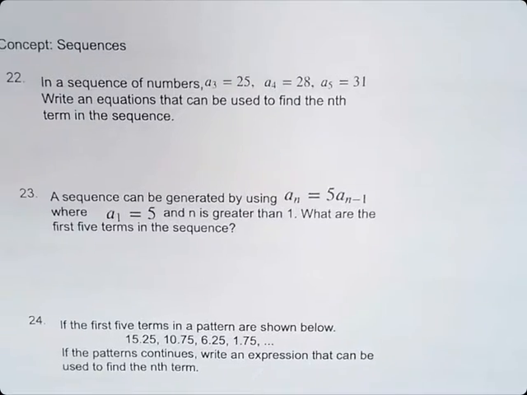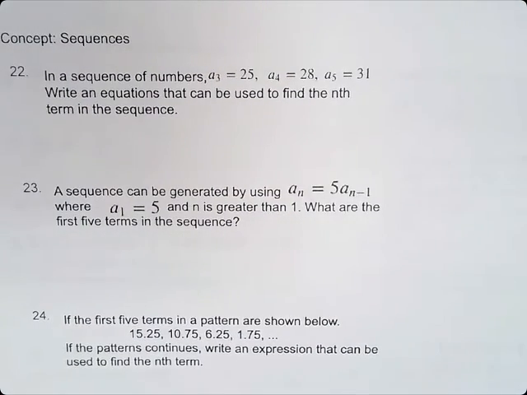Let's go to the last page. Let's go to number 22. In a sequence of numbers, A3 equals 25, A4 equals 28, A5 equals 31. Write an equation that can be used to find the nth term of the sequence. So we are going to find the rule for this sequence.